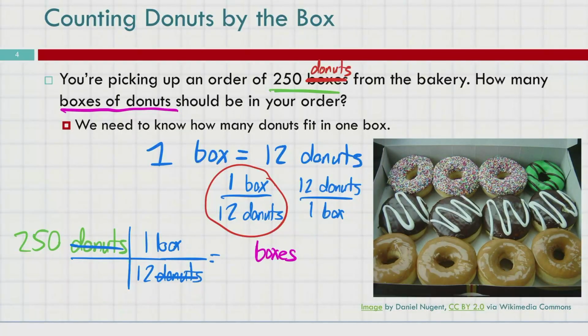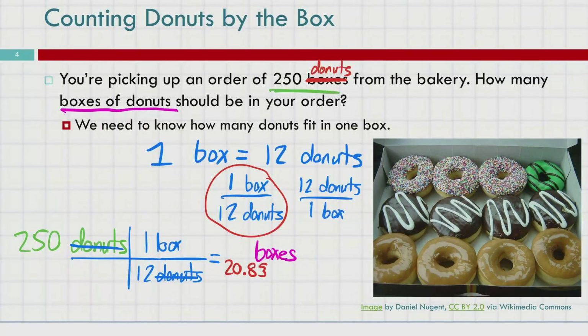Donuts cancel. And this should be 20 remainder 10. 20 point, what's the number? 250 divided by 12, 20.83 repeating boxes.